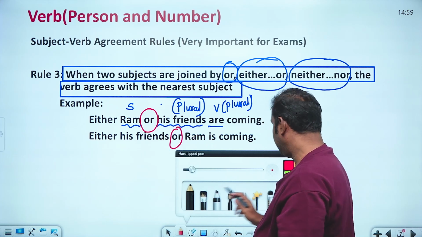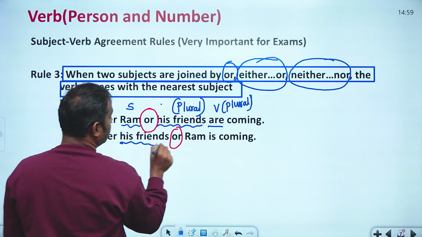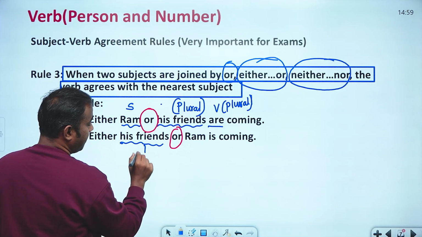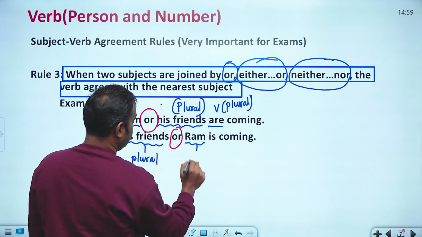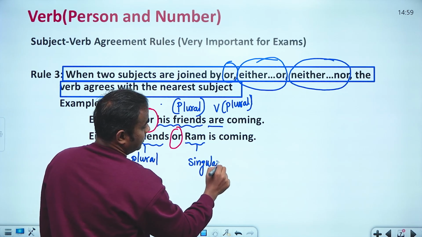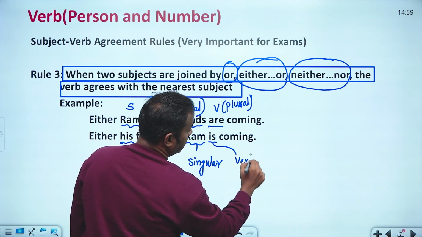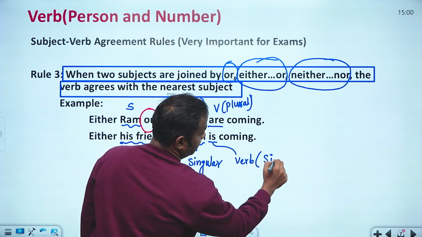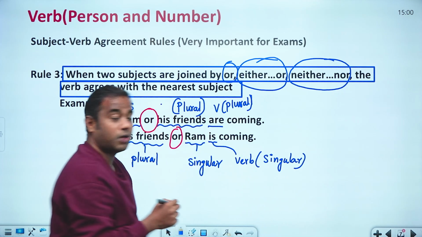Either his friends or Ram. His friends are plural, whereas Ram is singular. So because of that, the verb should be singular in quantity if Ram were the nearest. So this is one important point.